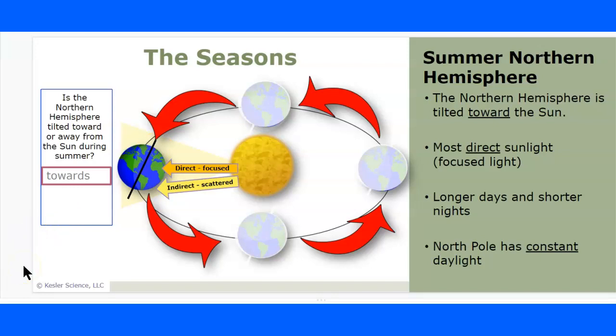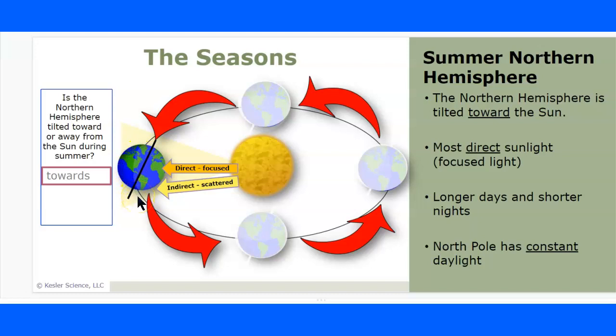Due to the tilt of the Earth and the elliptical orbit, or the path that the Earth takes, the northern hemisphere is actually farther away from the sun in the summer. Earth takes an elliptical path, and it's not a complete circle, it's an oval. So as it comes around, it ends up being farther away from the sun.